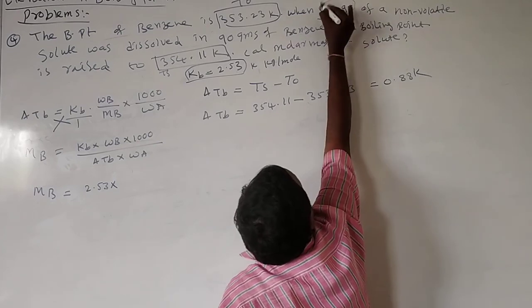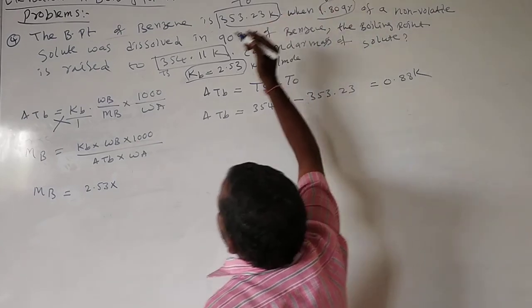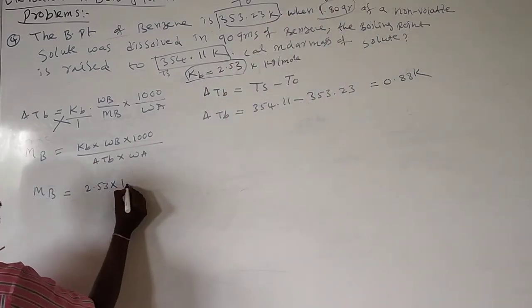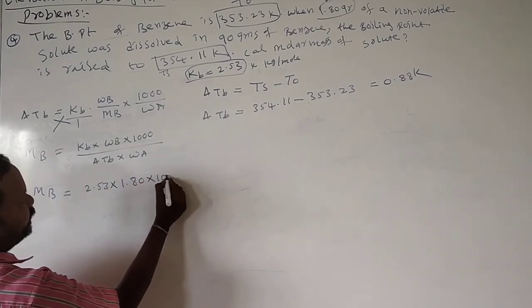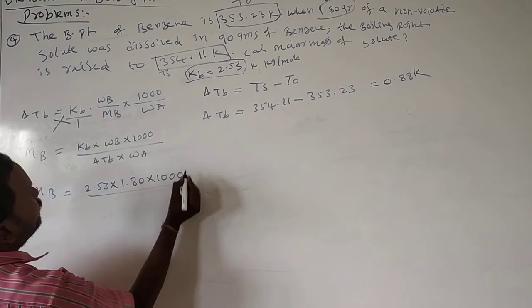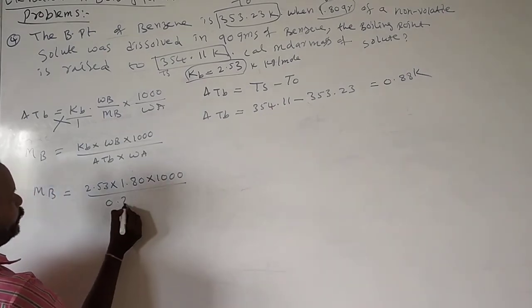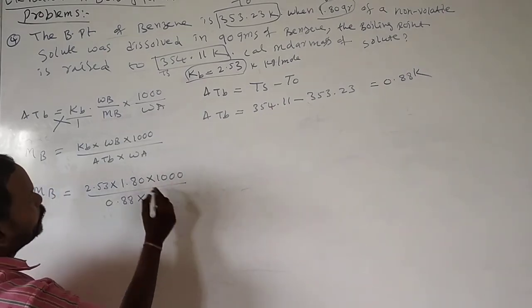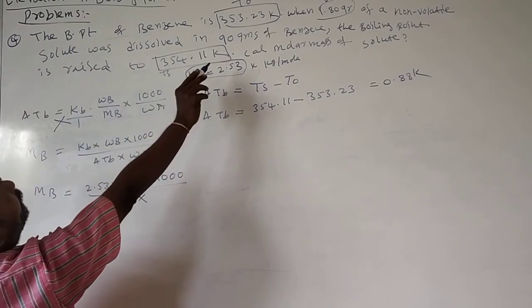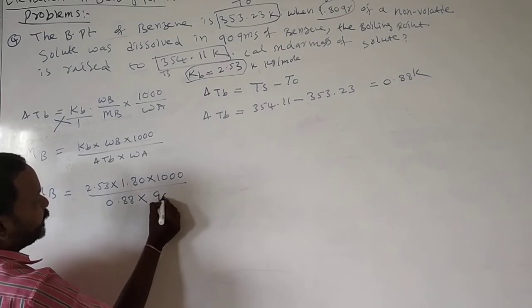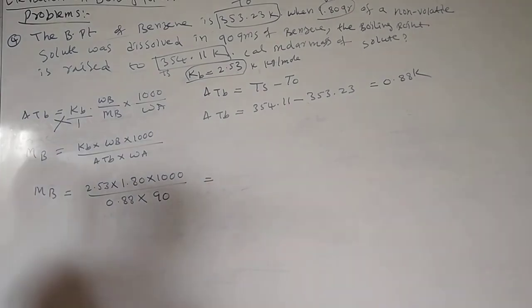So 1.80 into 1000 by ΔTb, which is 0.88, into WA. WA is 90 grams of benzene. Here we calculate.